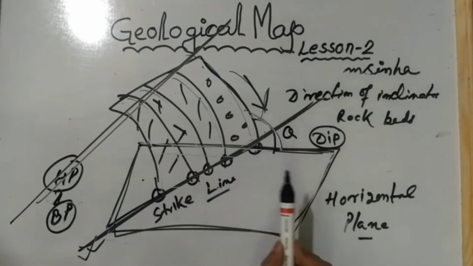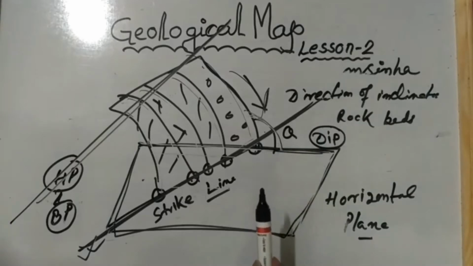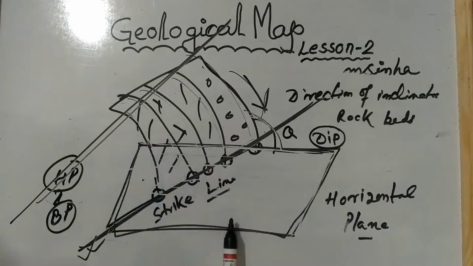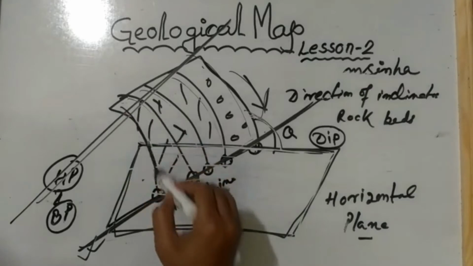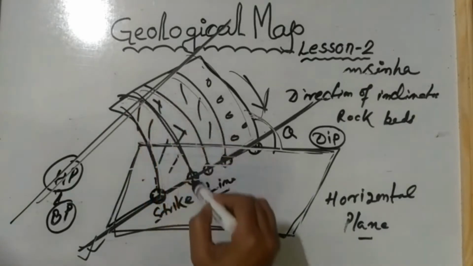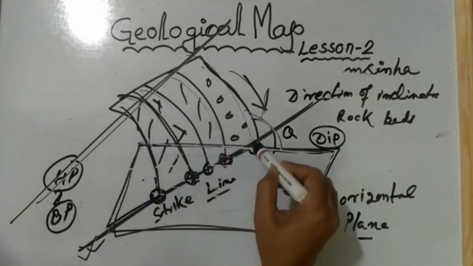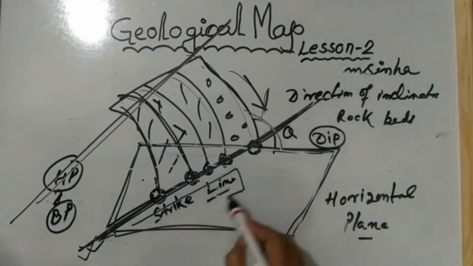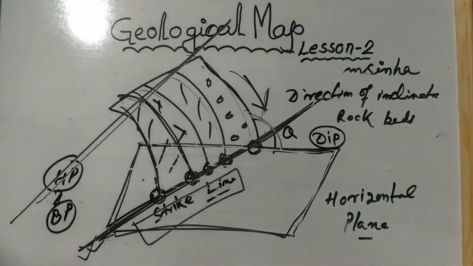For the strike, first we have to identify the intersecting points between the horizontal plane and the bedding plane. If you connect those points, you get a straight line. This straight line is known as strike. So strike is the intersection of the bedding plane and the horizontal plane.